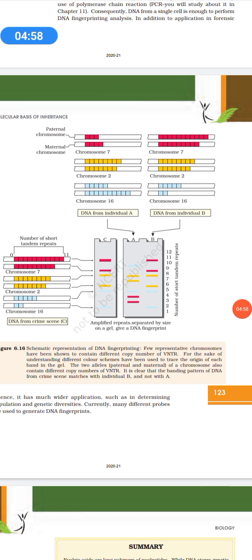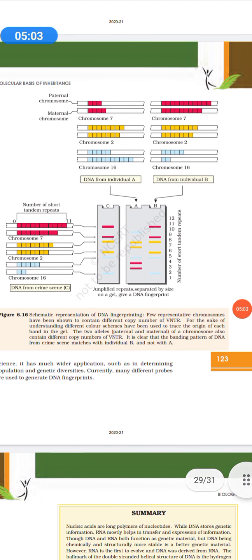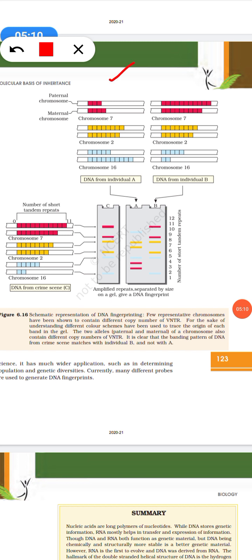If we study a paternity test using DNA fingerprinting, here we have the parental chromosomes, that is the paternal chromosome and the maternal chromosome. So we have DNA from individual A and DNA from individual B. The number of tandem repeats are followed, and we get this sequence.